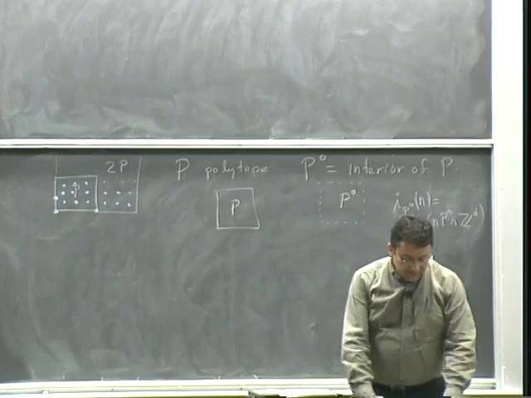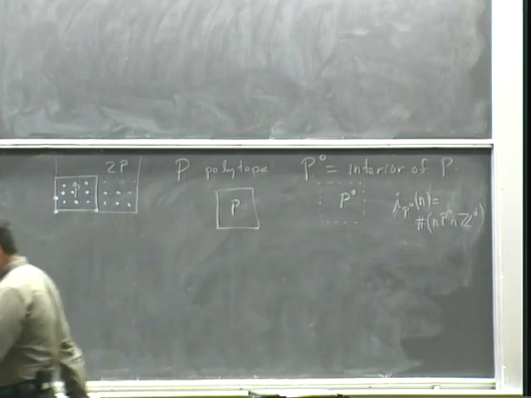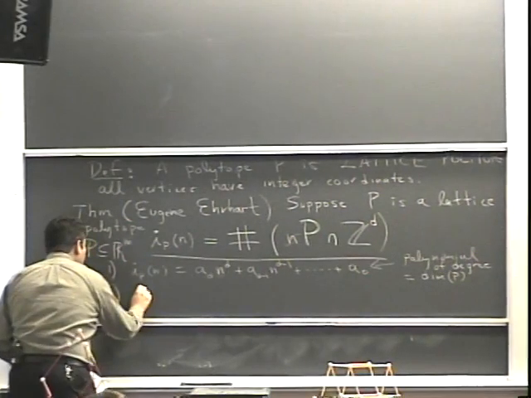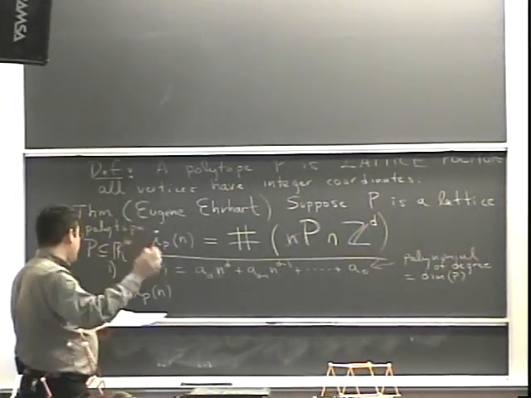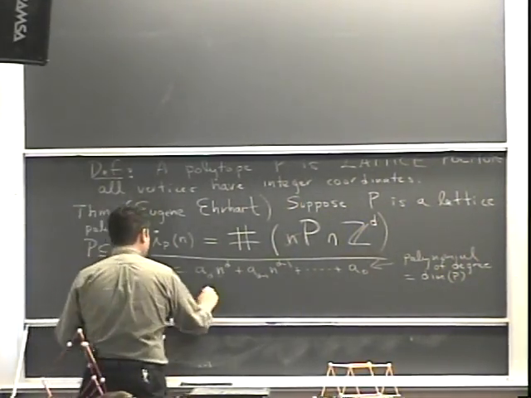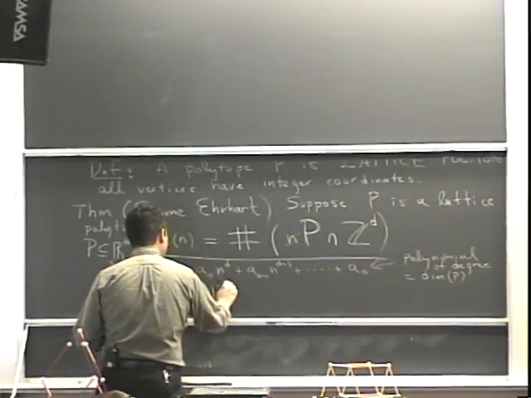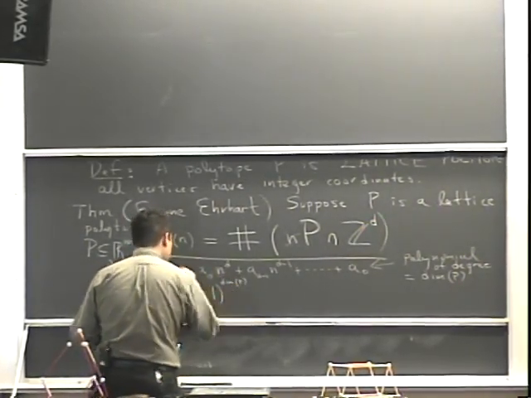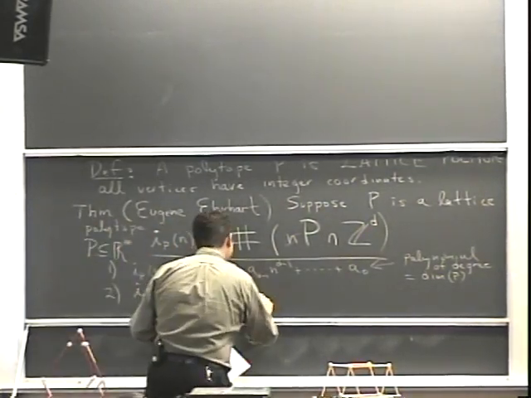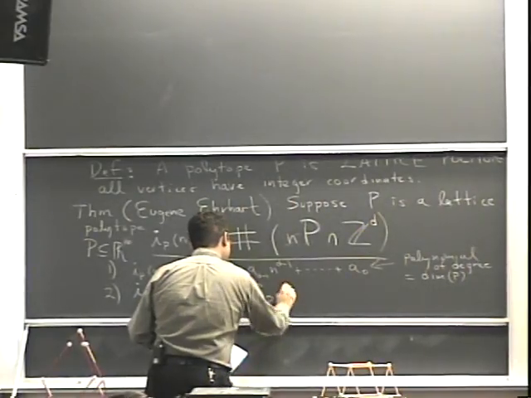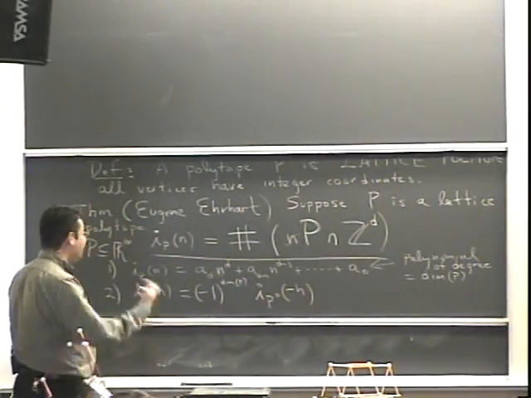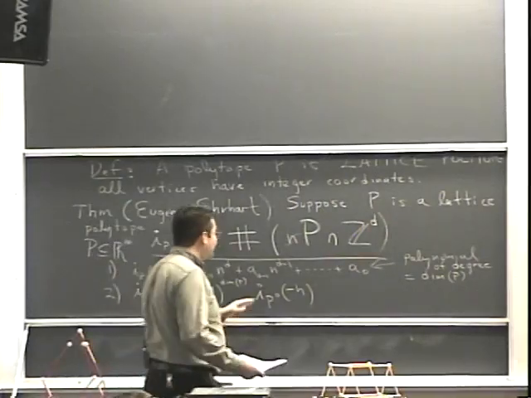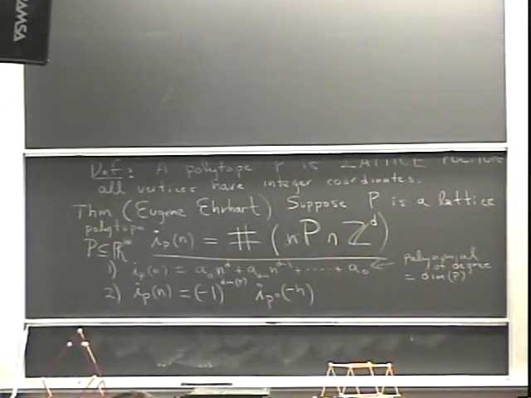And now it turns out that there is a beautiful relationship between the counting function of P and the counting function of its interior. They are kind of reciprocal to each other up to a sign. So this is equal to (-1) to the dimension of P times I_{P0} at minus n. So you're going to evaluate the function at negative values. These are two remarkable discoveries that Ehrhart did in the 50s.